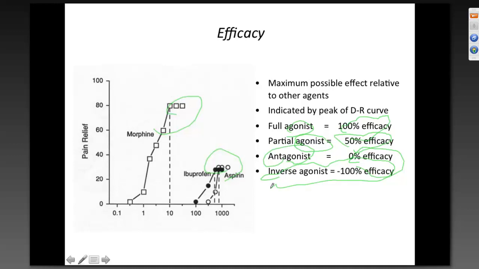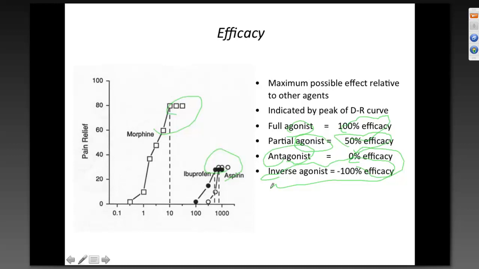So the idea with inverse agonists is there is more than one mechanism of action through which it can work. For instance, it may turn on a different receptor that triggers a physiological response similar to the first receptor.